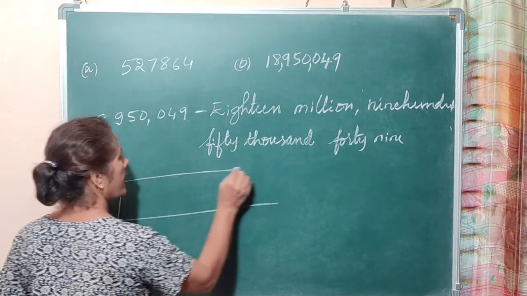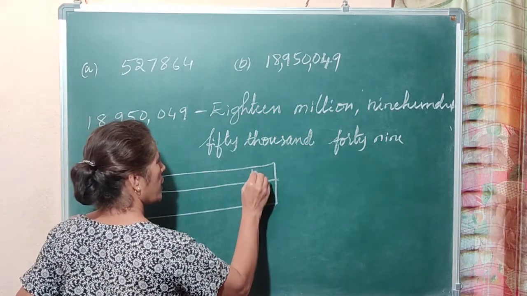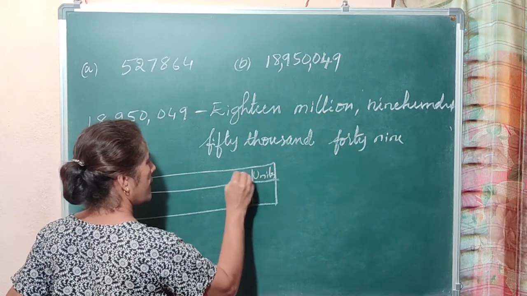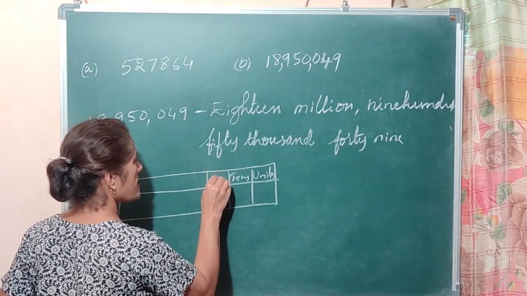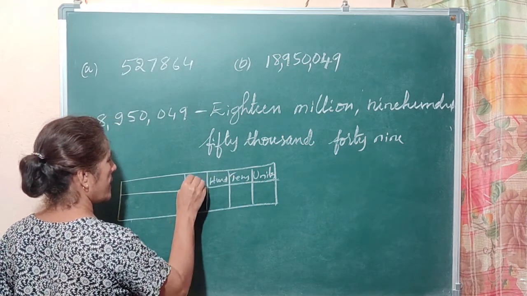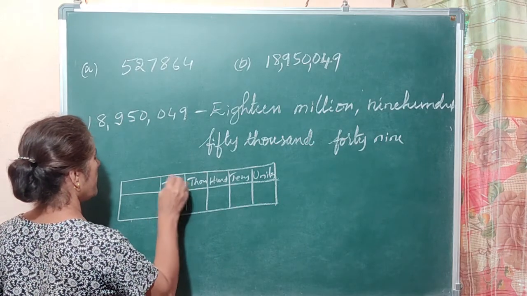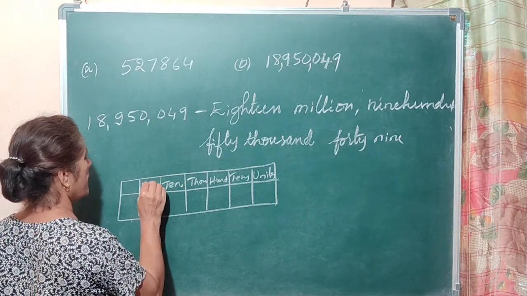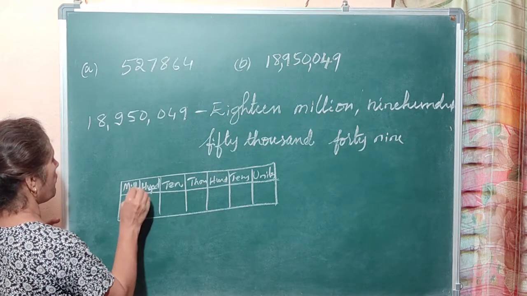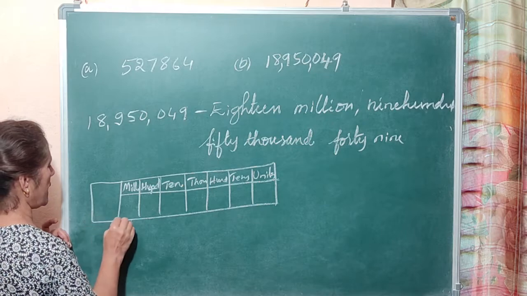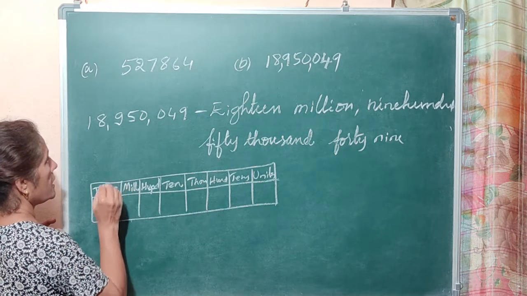So again: units, tens, hundreds, thousand, 10,000, 100,000, million. After million, even 10 million is there, 10 million.